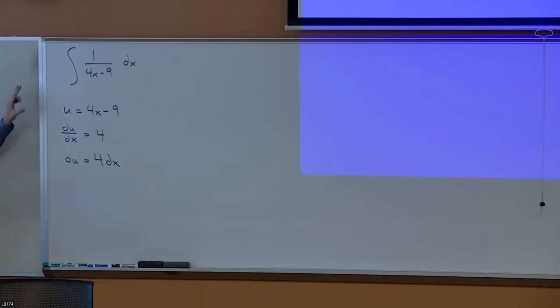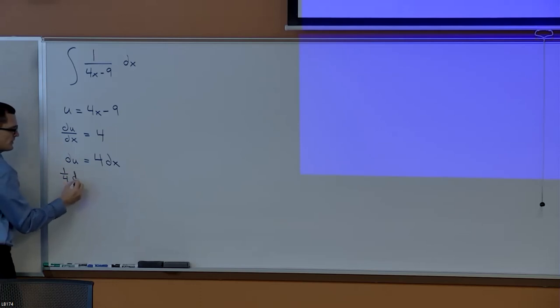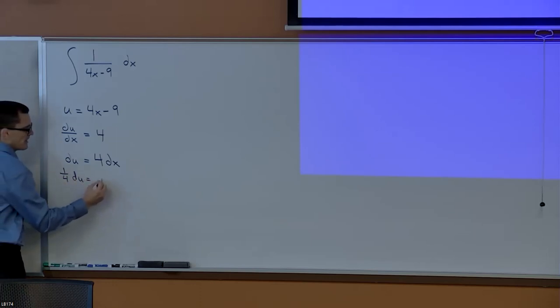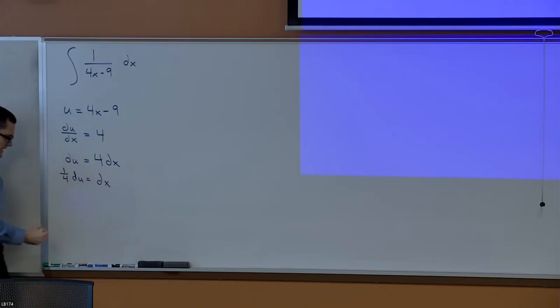Now, if you want to make the exchange using this one, you can. I think it's probably going to be easier this time to divide both sides by 4 and say 1/4 du is equal to dx.